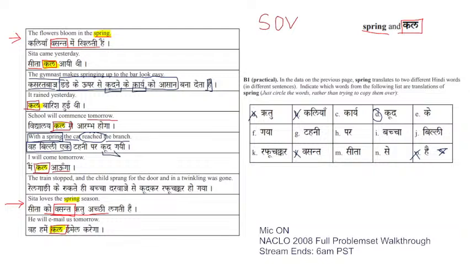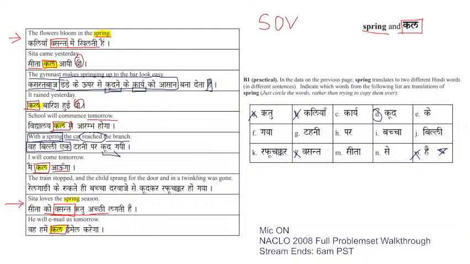He will email us tomorrow. I will come tomorrow. It rained yesterday. So we need to find some kind of, oh my gosh, wait. This might be a past tense indicator. But I'm not sure what the future tense indicator would be here.